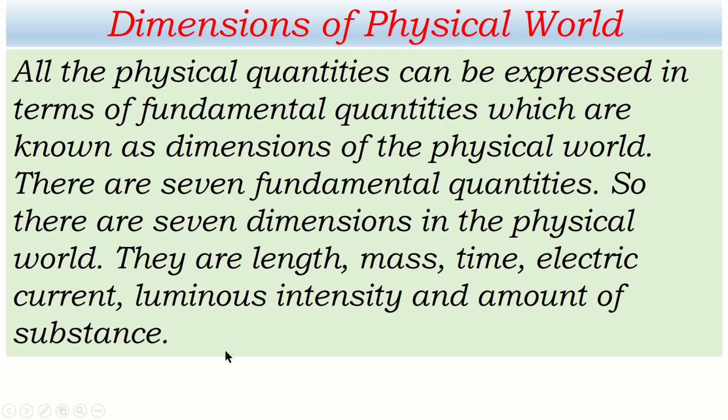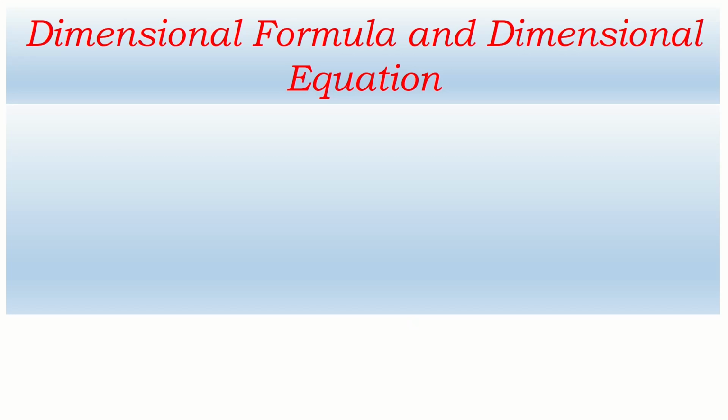But all the other derived quantities can be expressed in terms of these fundamental quantities, and they are named as dimensions. Okay, let's talk about dimensional formula and dimensional equation.